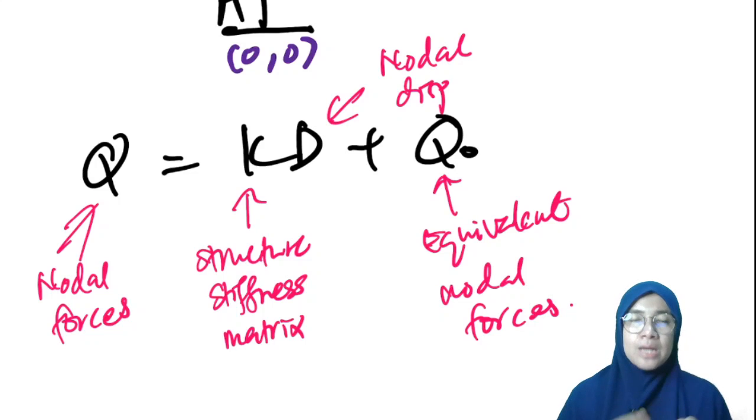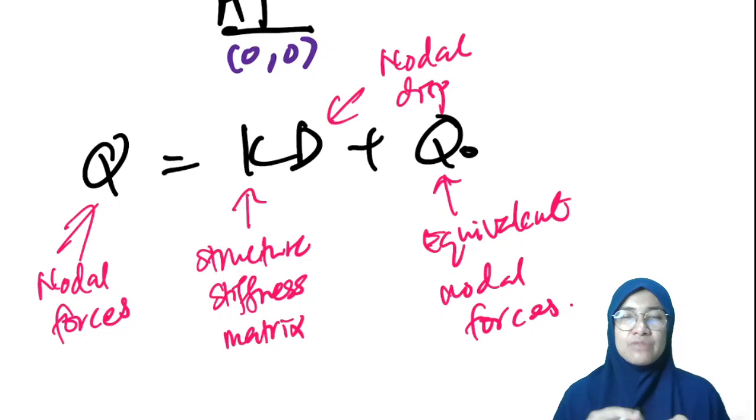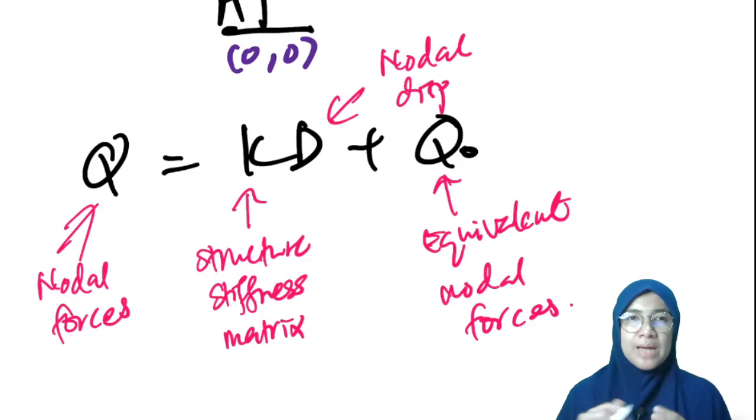Objective number one, we analyze the frame using the stiffness method to calculate unknown displacement. It means that unknown displacement is the first objective. So how to calculate unknown displacement is by solving the stiffness equation. So this is the stiffness equation.